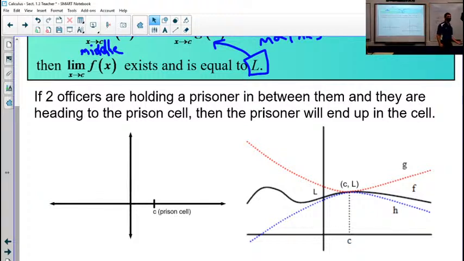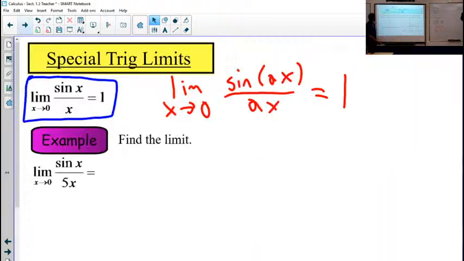So usually what they'll do is we have one main example of a limit that we can prove by this squeeze theorem, that we wouldn't be able to find the limit of with the stuff we talked about yesterday, which is the limit as x approaches 0 of sine of x over x equals 1.